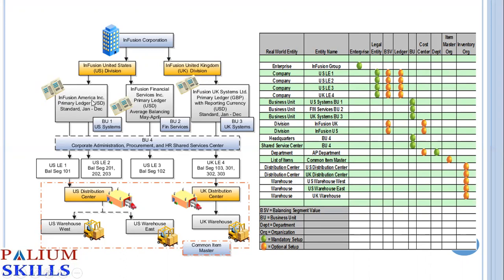This is Fusion America. This is Fusion Financial Services. So this one is the Fusion UK Systems Limited. So here the primary ledger is in GBP, the British pound, with the reporting currency of dollar.